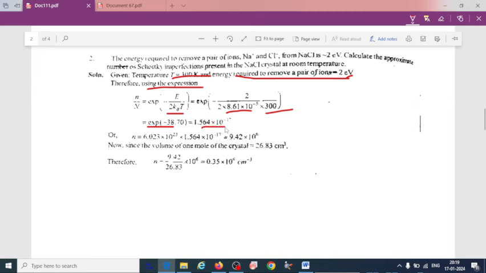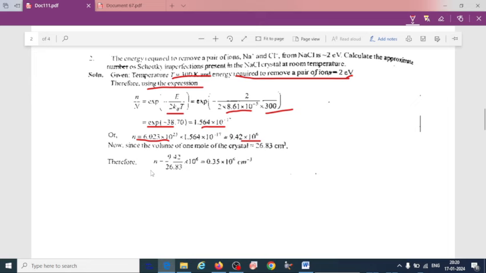1.56 into 10 to the power minus 70. Then n is equal to this value. If we multiply with Avogadro number, we will have 9.42 into 10 to the power 6.